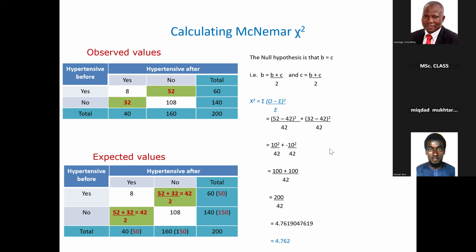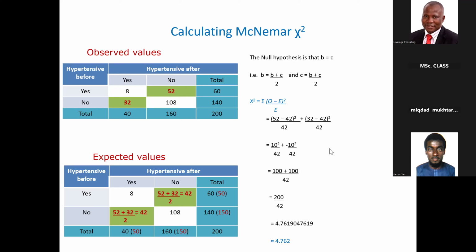So how do you know the expected value? The logic is the total that changed is 52 plus 32, which is 84. If the null hypothesis is true, half of it should be those that changed in one direction, and the remaining half those that changed in the other direction. That's why the expected value is 52 plus 32 over 2, making 42 for each of the cells. Can you see? So we come to the McNemar formula, observed minus expected squared over expected.